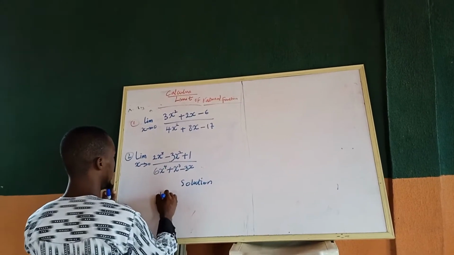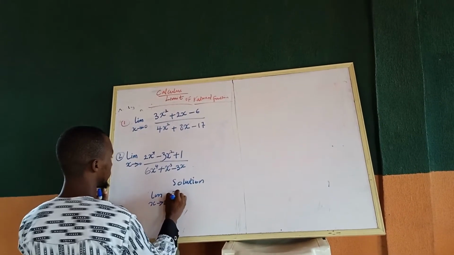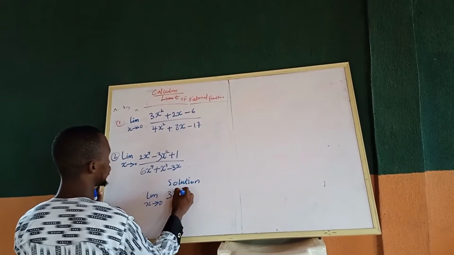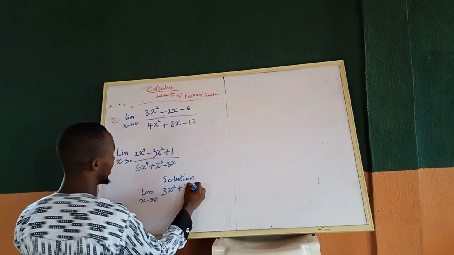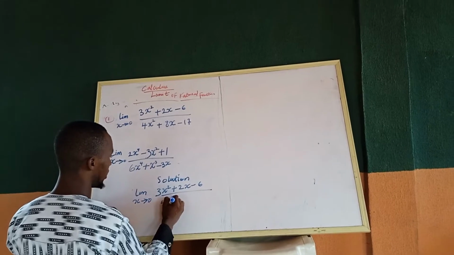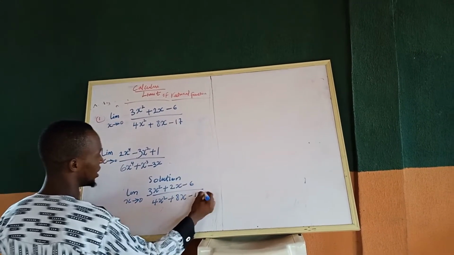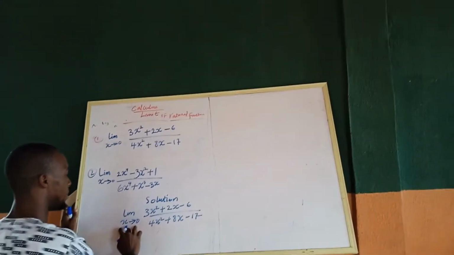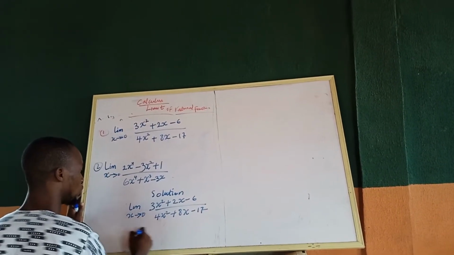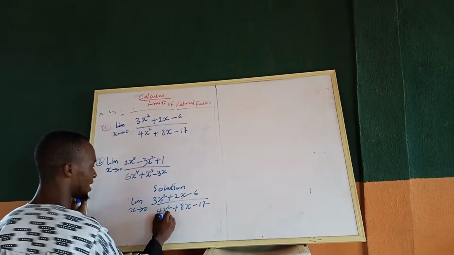We have limit as x tends to 0 of (3x² + 2x - 6) over (4x² + 8x - 17). They said limit x tends to 0, so let's change every position where there is x to 0.